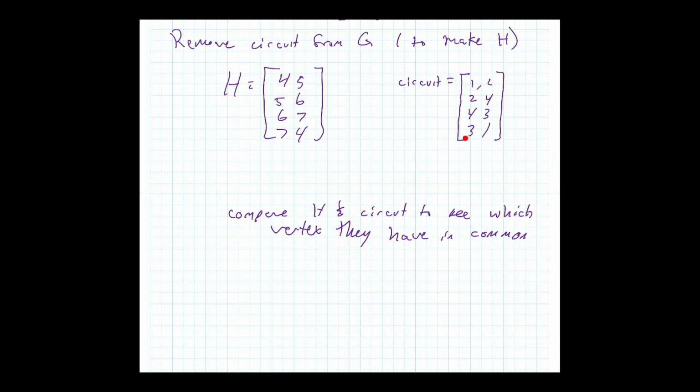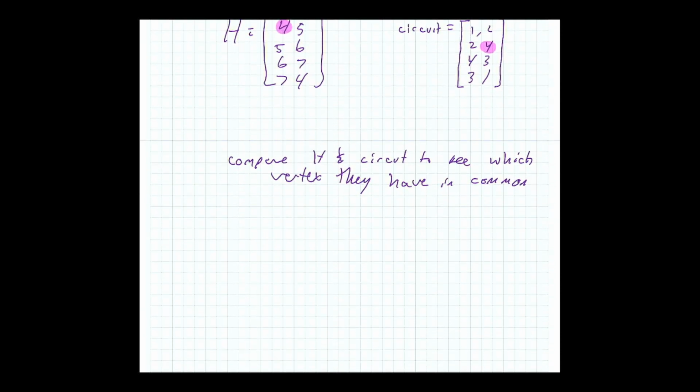And it doesn't matter if there's more than one, you just need to find one. So what do you see? There's a 1 in circuit, no 1. There's a 2 in circuit, no 2s. There's a 4 in circuit. Oh, there's a 4. So 4 is in both of these. So we find 4.